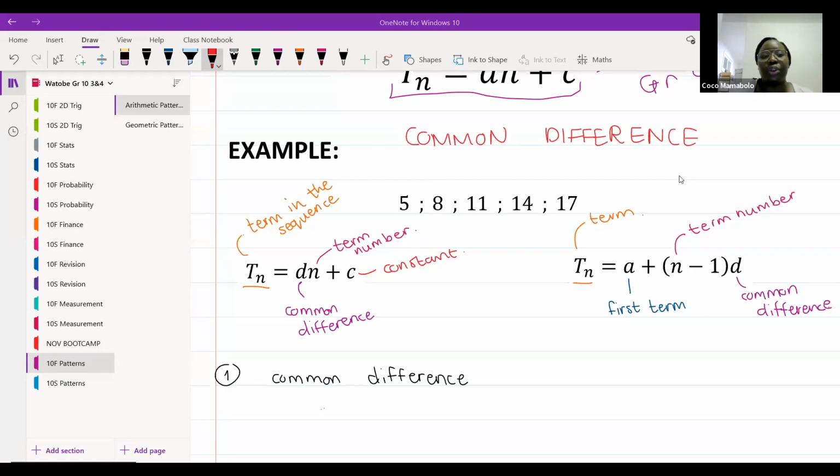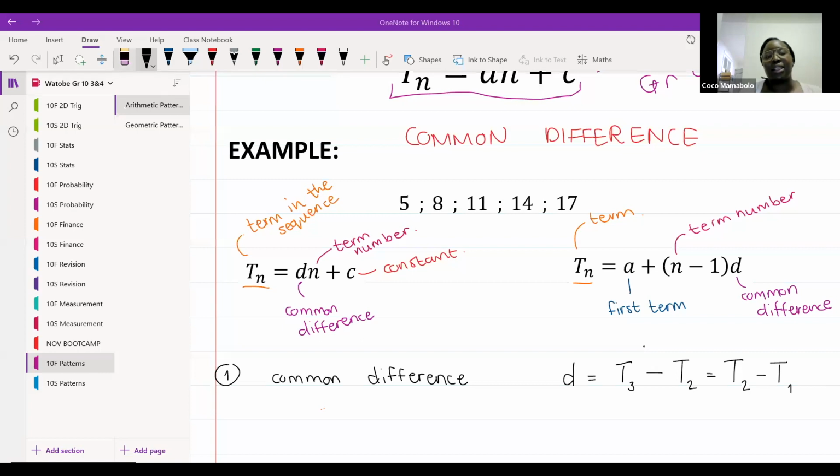Now, the formula we will use for the common difference, we're going to say D must equal T3 minus T2, which must also equal T2 minus T1. Now, let's talk about the difference between just the number 3 and T3, and just the number 2 and T2. There's a big difference here.